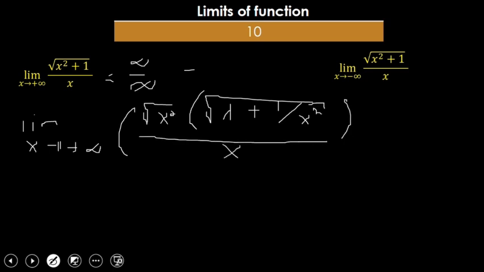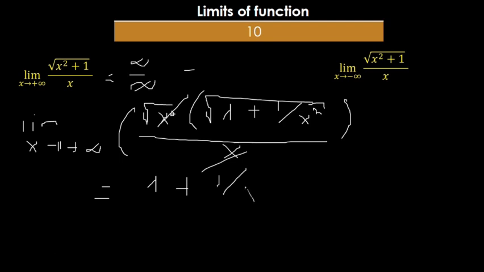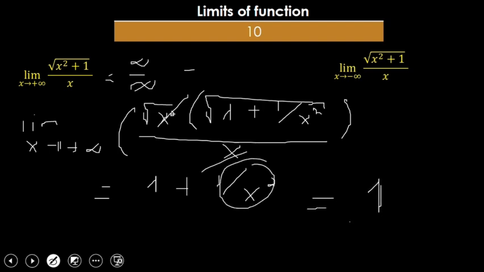And x is positive, meaning the magnitude is positive. That is x, and this x will cancel out. You are going to be left with the square root of 1 plus 1 all over x squared. This tends to 0. The answer will be equal to 1.